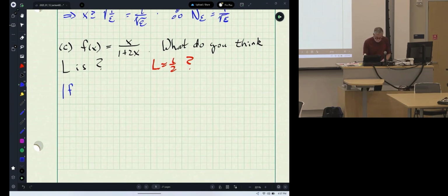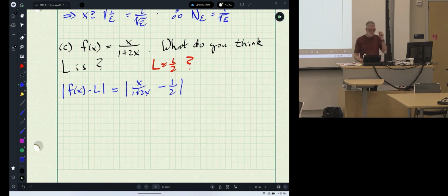So then we form our f of x minus L. f of x is x over 1 plus 2x, L is a half.